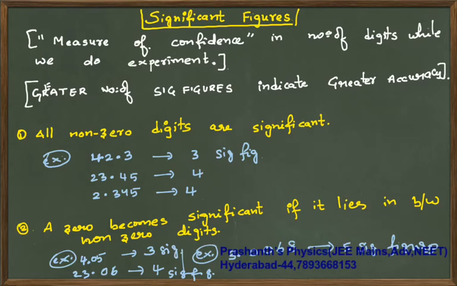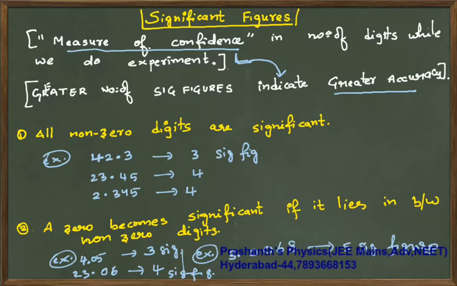It is a measure of confidence. It indirectly indicates greater accuracy. It is about in how many digits we have the confidence; this much value is there, we can tell with confidence.